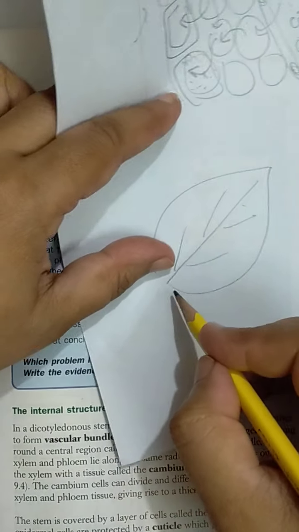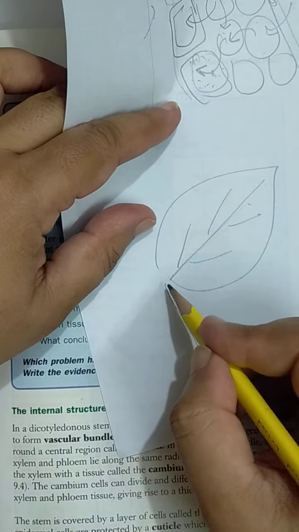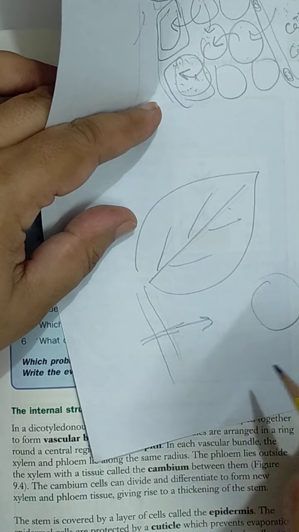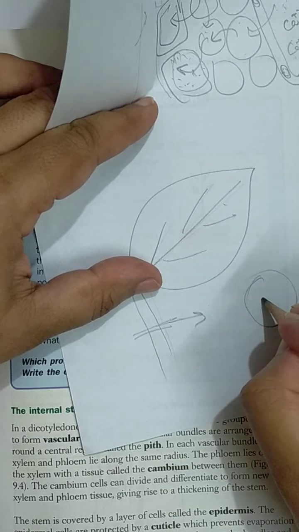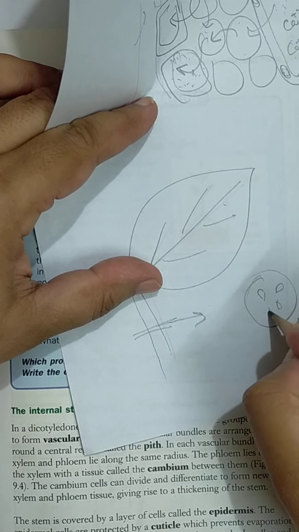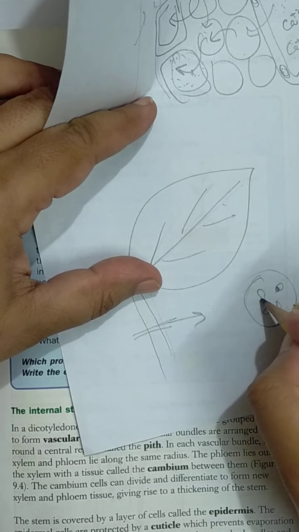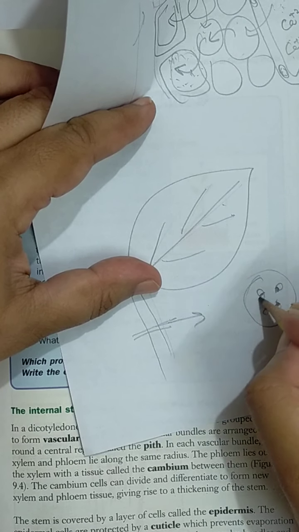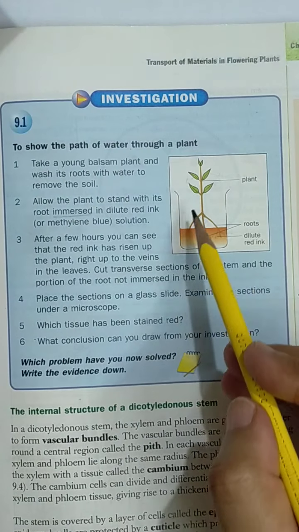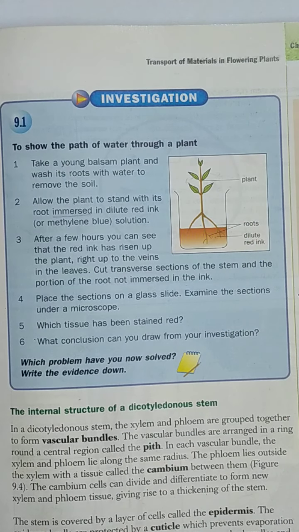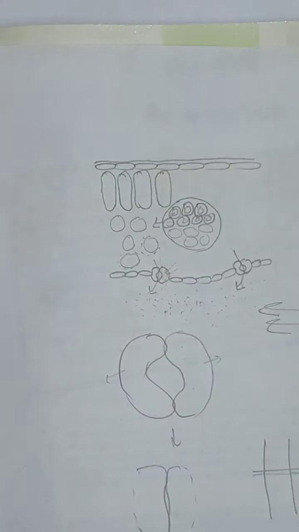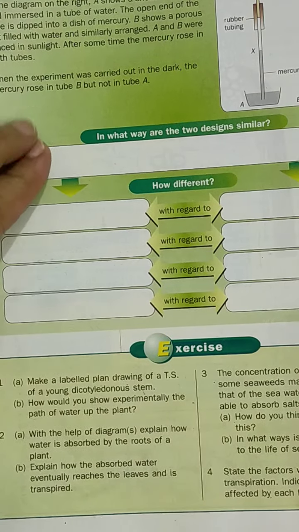And if we take the stem, cut its transverse section and observe it under the microscope, the xylem portion will turn red. The red xylem portion shows that the movement of water is taking place through the xylem of the plant. So we can do this experiment, and you can explain this experiment in this answer.